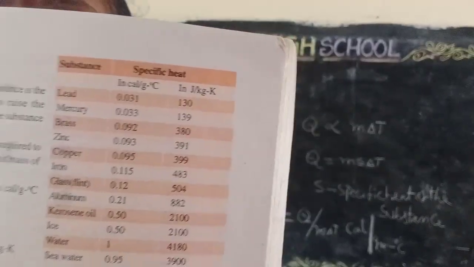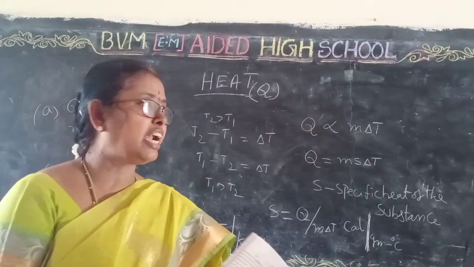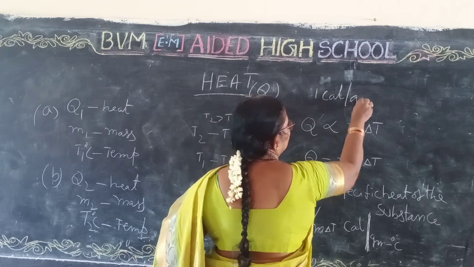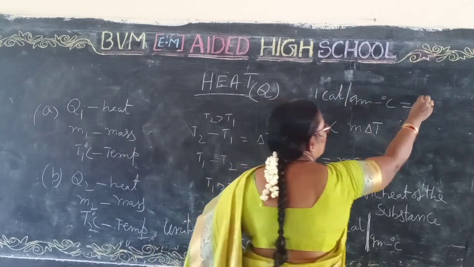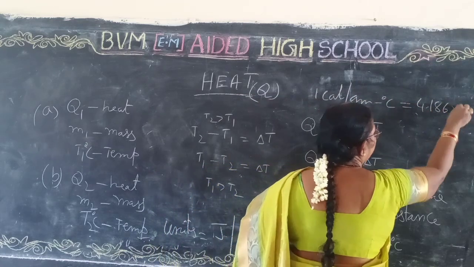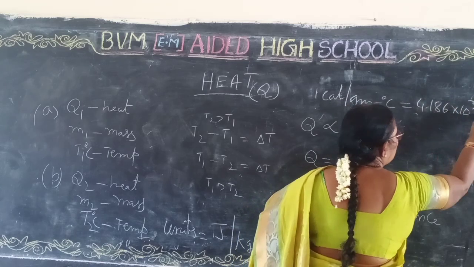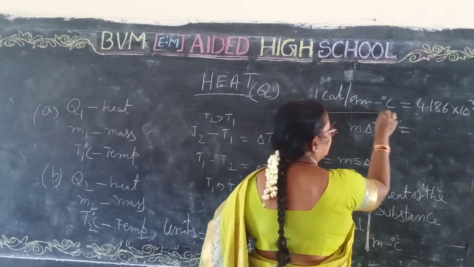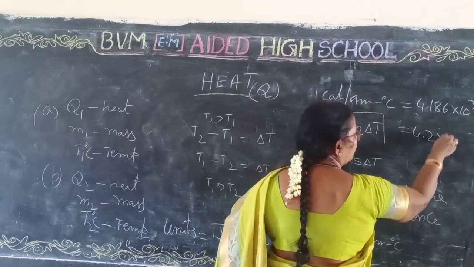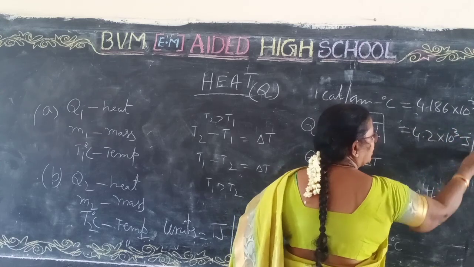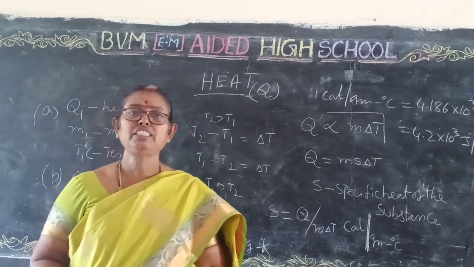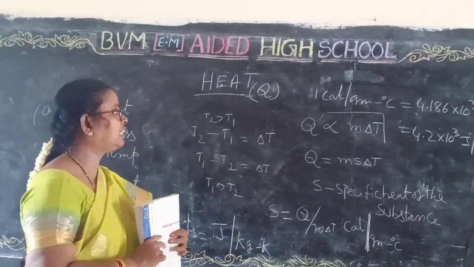These are the conversions. 1 calorie per gram degree centigrade you can write as 4.186 into 10^3 joule per kg Kelvin, or as 4.2 into 10^3 joule per kg Kelvin. These are the main units they always ask in the exam.